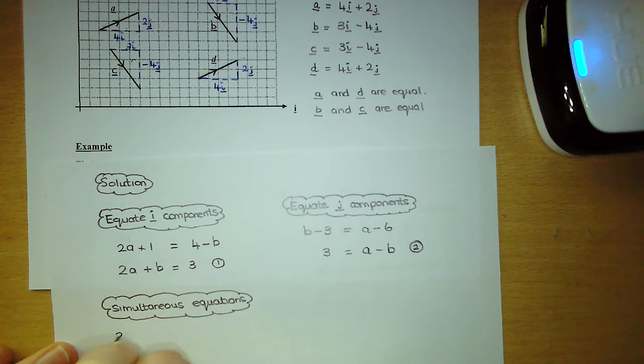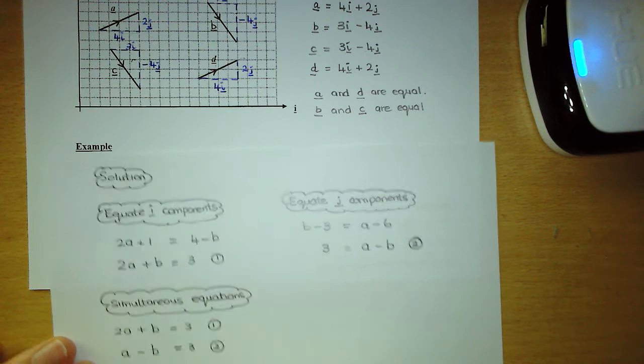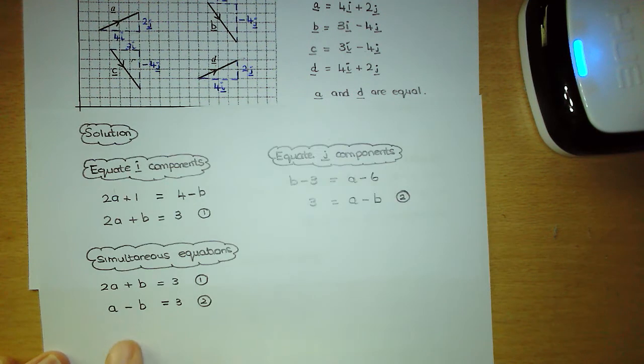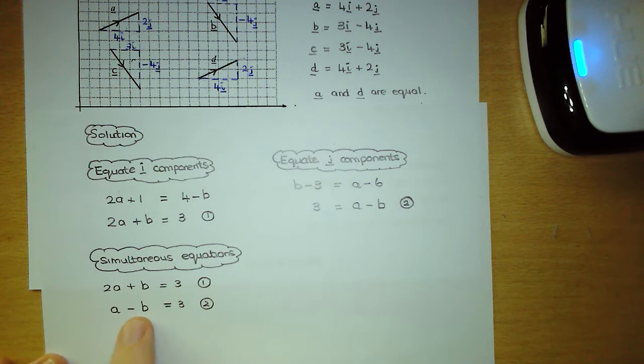So we've got 2a plus b equals 3, that's equation 1. And we've got a minus b equals 3, and that is equation number 2. So the easiest thing to do here is to add the two equations to eliminate b.